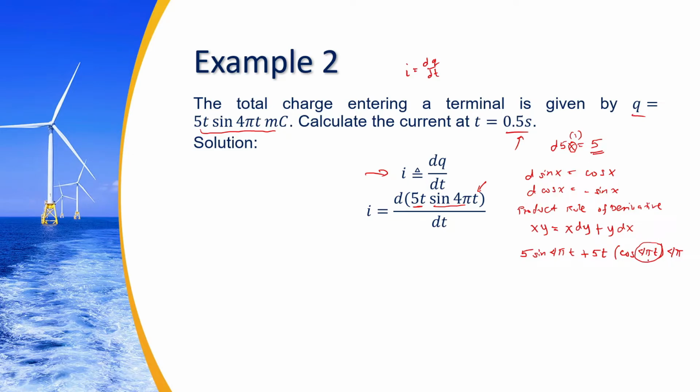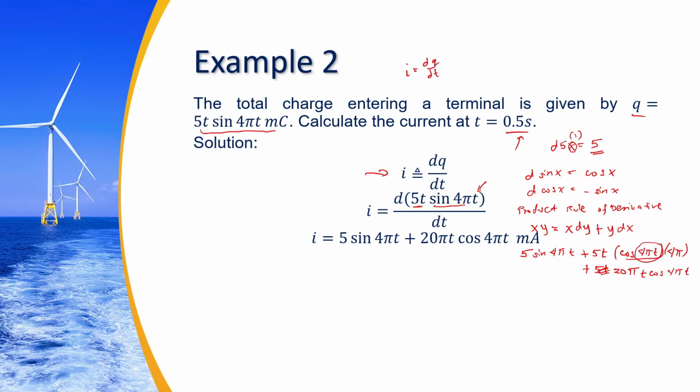Kaya ang sagot natin dito, kapag minultiply natin siya sa 4 pi, 5 times 4 pi, magiging 20 pi t. Then, saka natin i-multiply yung cosine 4 pi t. Dito siya makakarating. Magiging 5 sine 4 pi t plus 20 pi t cosine 4 pi t milliamp.